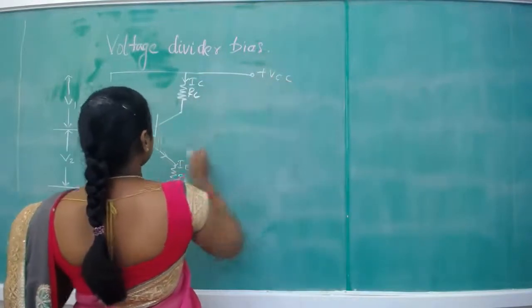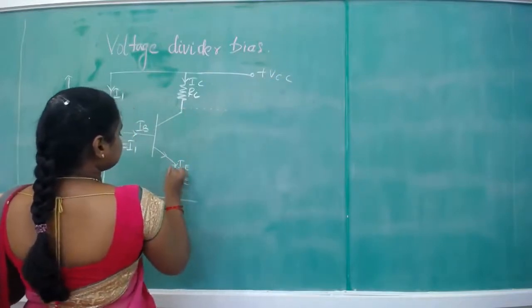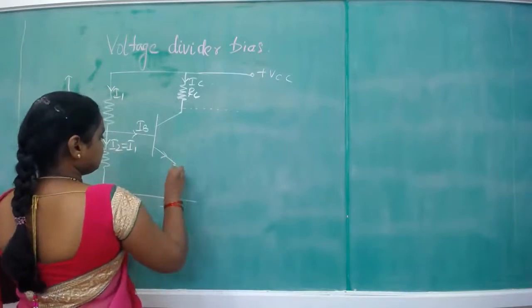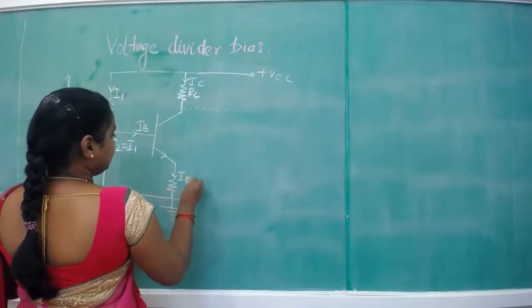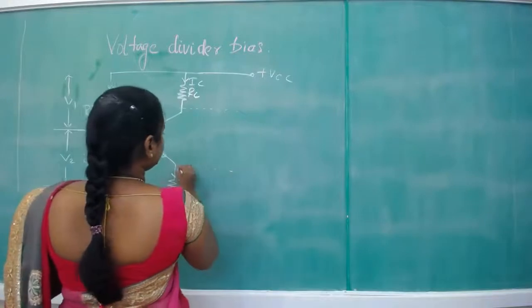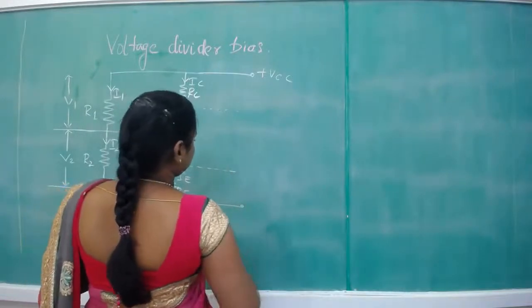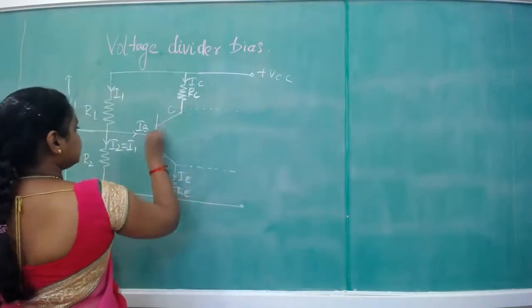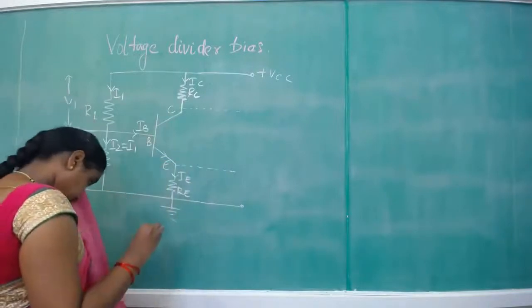Plus VCC here. IE, RE. This is the ground terminal. Here we come across the collector, the base, and the emitter terminal.